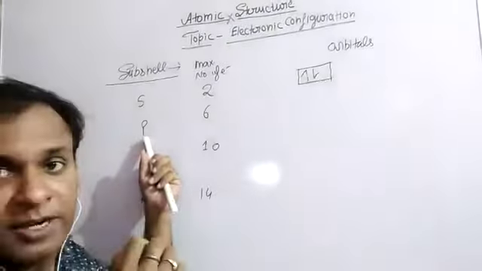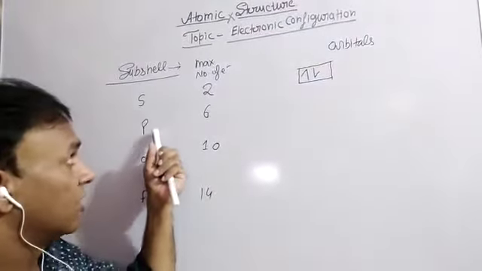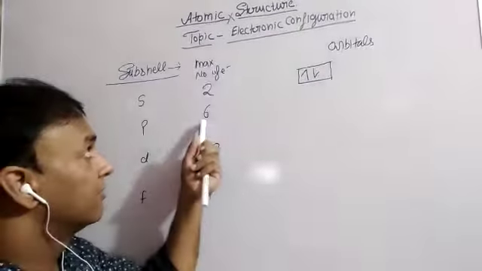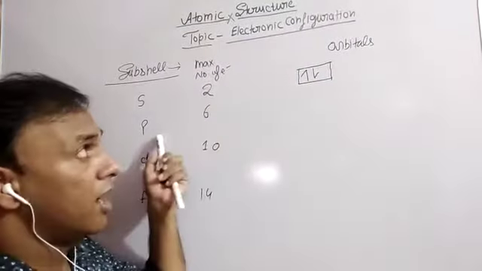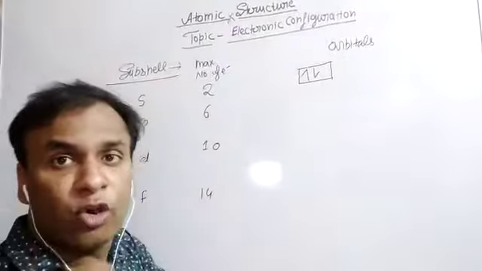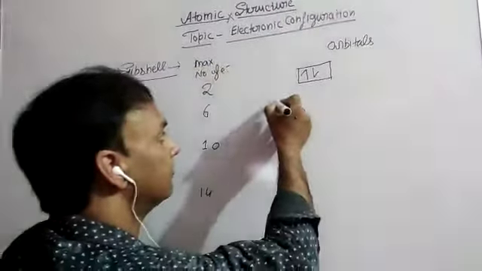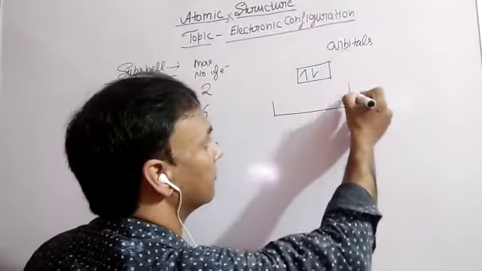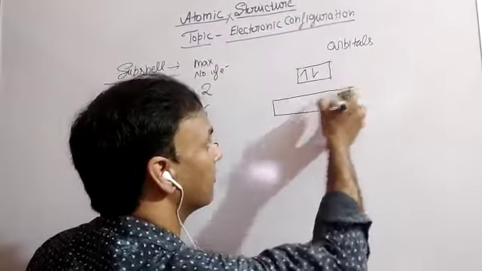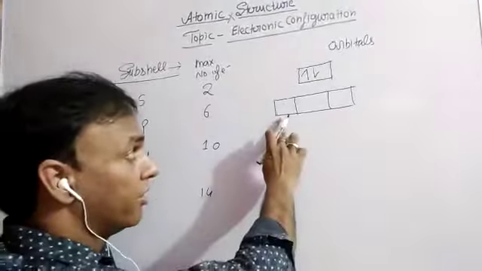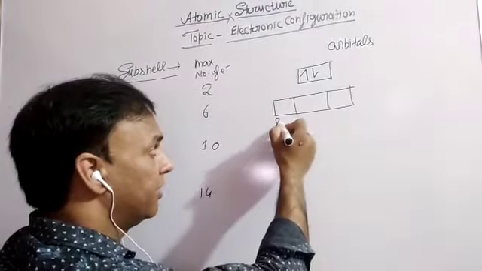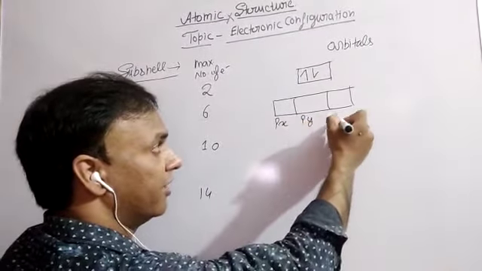Similarly, the p subshell contains 6 electrons and 3 orbitals. The names of the orbitals are px, py, and pz.